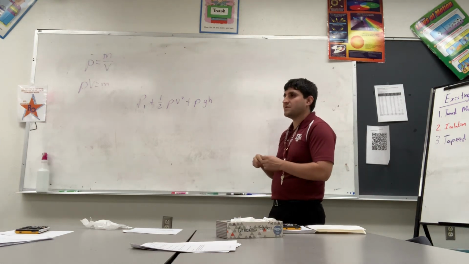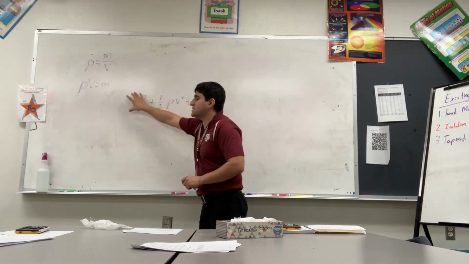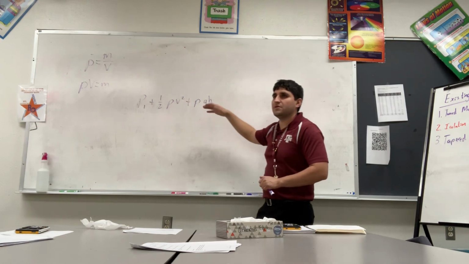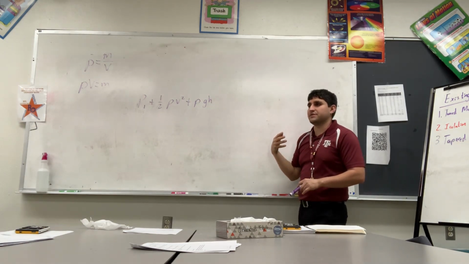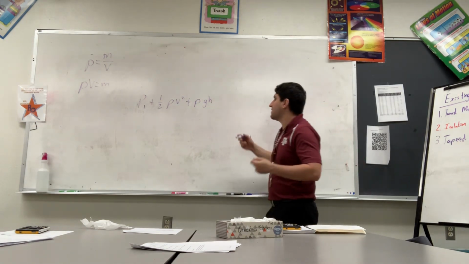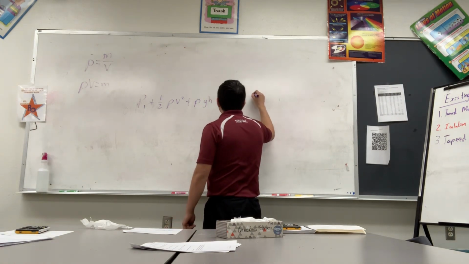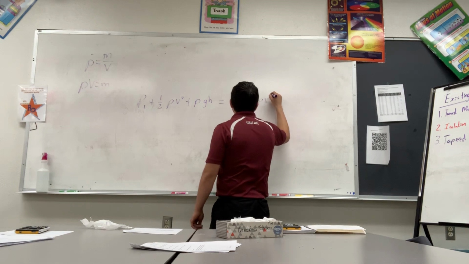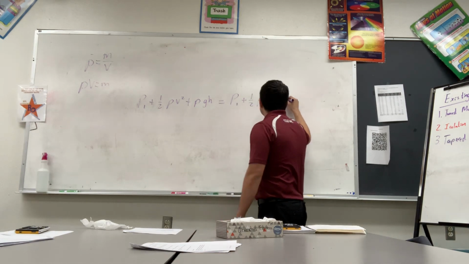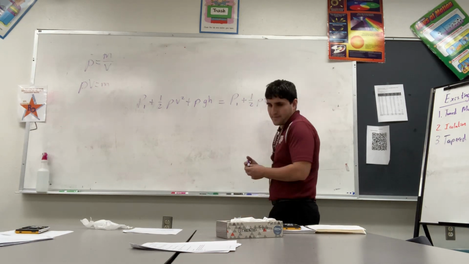And what do I know about Bernoulli's in one area of a tube versus Bernoulli's in another area of the tube? That it doesn't change. P1 plus 1/2 density V2 plus rho GH.